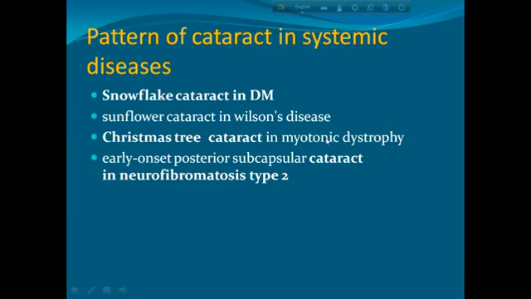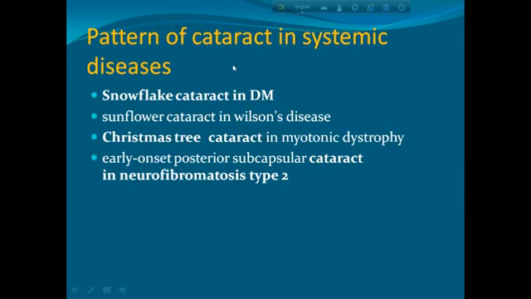Like in diabetes mellitus, a cataract develops, and the particular name is snowflake cataract. So the examiner may ask you, in case of diabetes mellitus, a cataract develops. What is the name of that cataract?